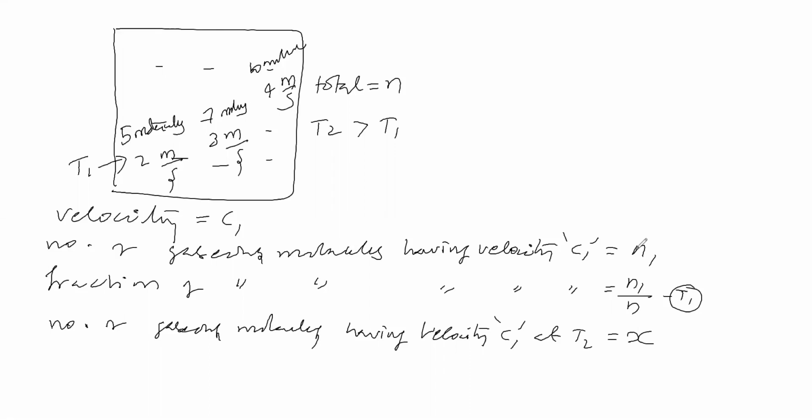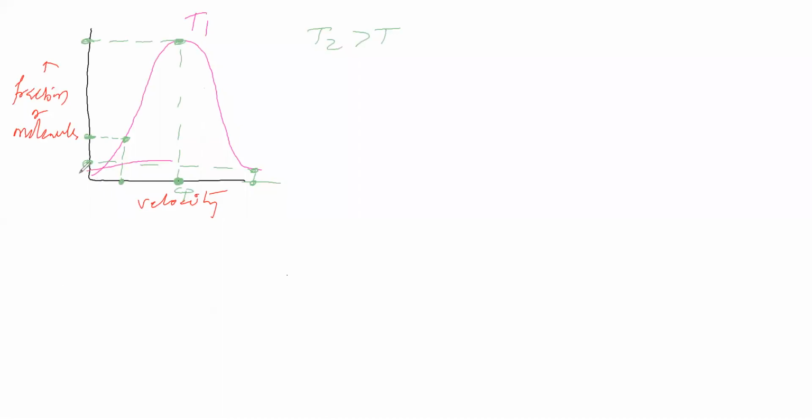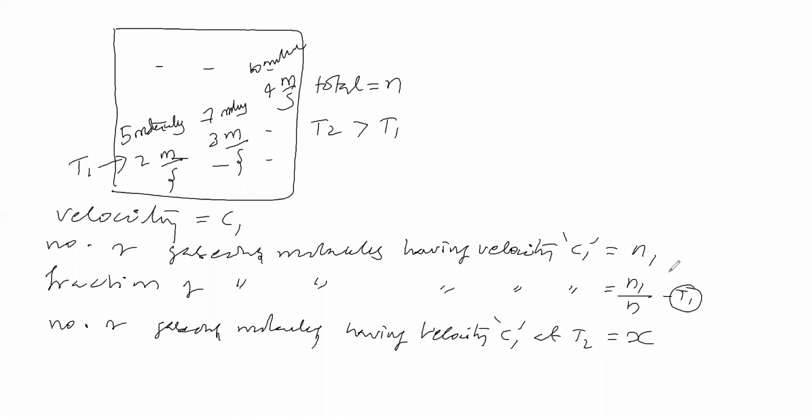Which value will be high, x or n1, when the velocity side is this one? When the velocity side is here, what will happen? What about n1 and x? Which is the higher value? N1 is the higher value or x is the higher value?